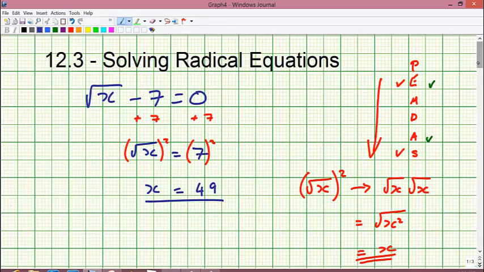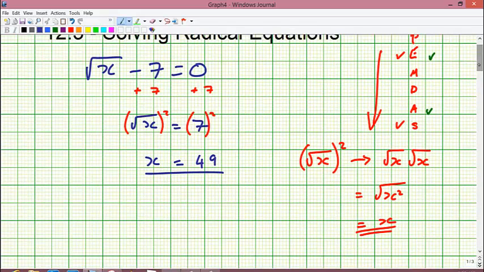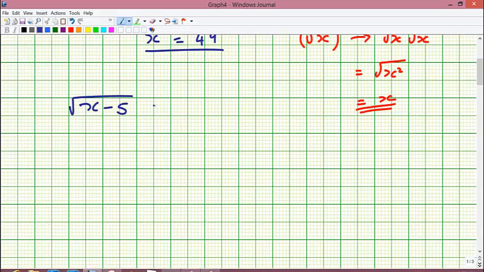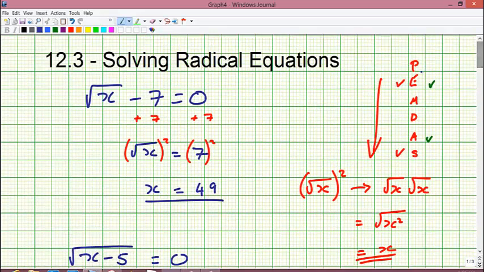Now, that was a very simple one, with the operation outside the square root, that's the square root of x minus 7. Let's do a different type of problem this time. Our operation is within the radical, the square root of x minus 5. Now, in this case, we have a square root happening, we have a subtraction, but we also have parentheses.